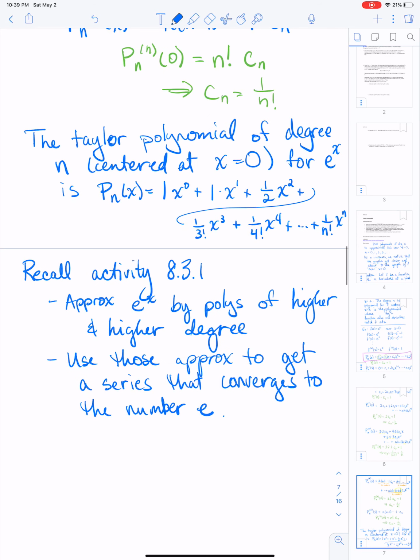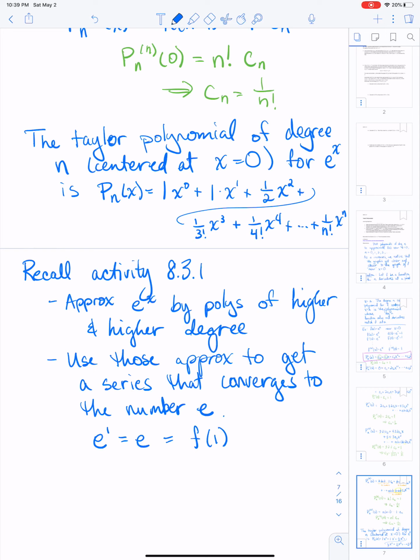Right, and so how did you do that? You said that e to the 1 is equal to e, right? And so that is equal to, if f of x is e to the x, that's just f of 1.